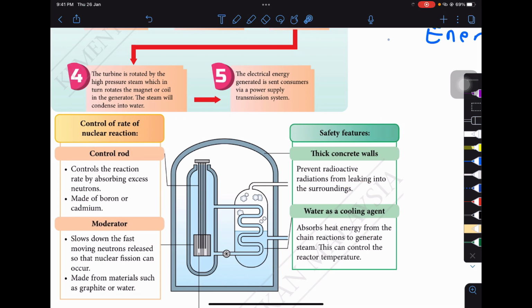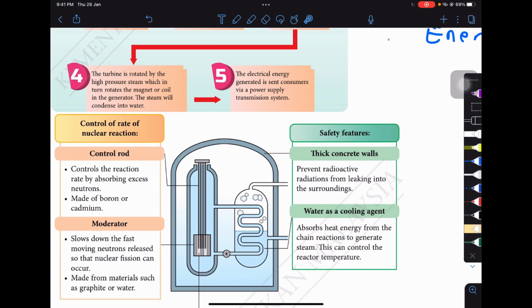And we have water as a cooling agent. So just remember structure 1 and 2. These are the safety features. Water as cooling agent is to absorb heat energy from the chain reaction.